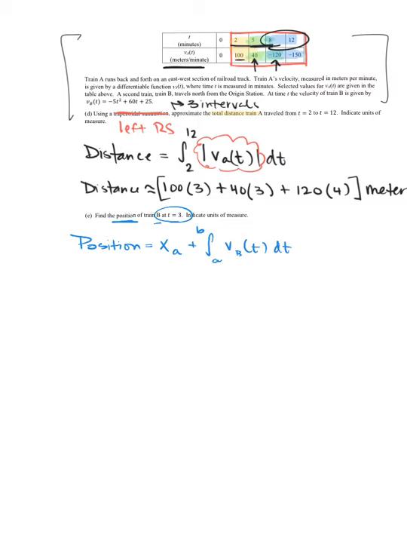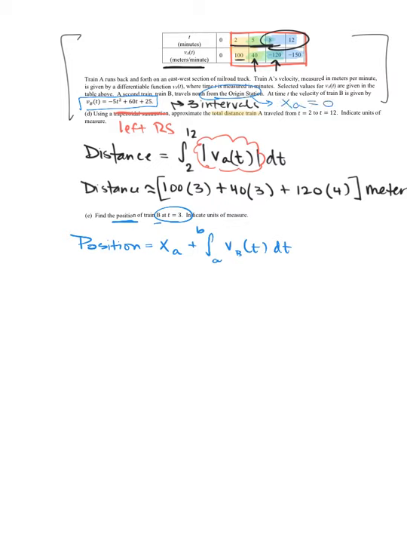And so that means I need to take a look at some stuff up above. So for train B, let me see here, second train. Okay, so train B is given by this equation right here, and it starts from the origin station. So that means our initial position would be 0, right?